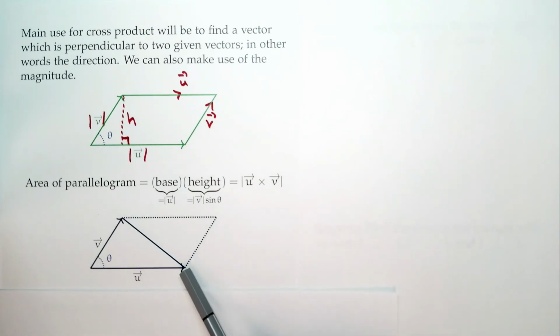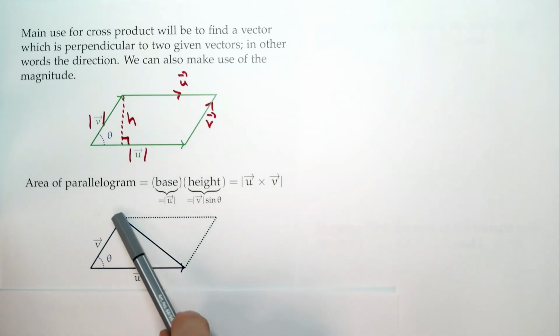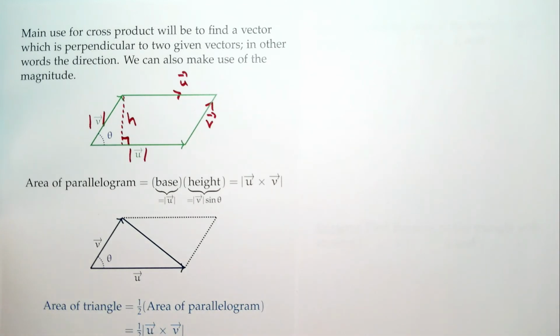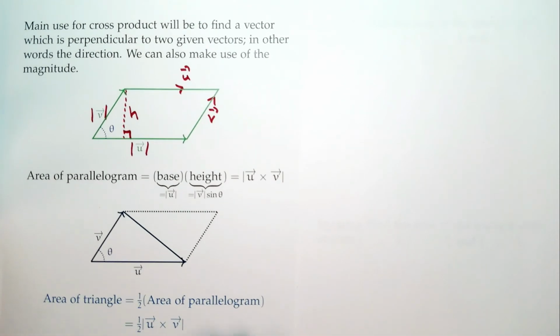I have my third side, but you could imagine that you extend. And then what do you see? Well, you see it's really part of a parallelogram. In fact, it's 1/2 of a parallelogram. And so we have that the area of a triangle, where the triangle is formed by vectors u and v, is 1/2 the area of a parallelogram formed by u and v. So it's 1/2 the magnitude of the cross product.